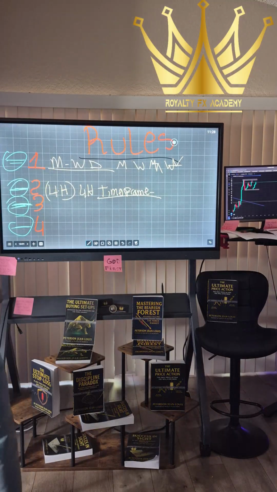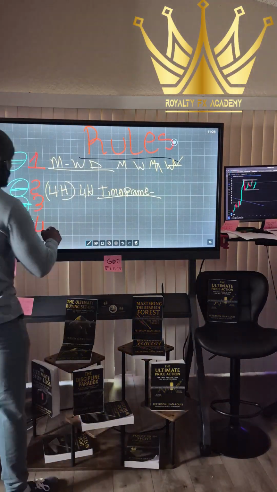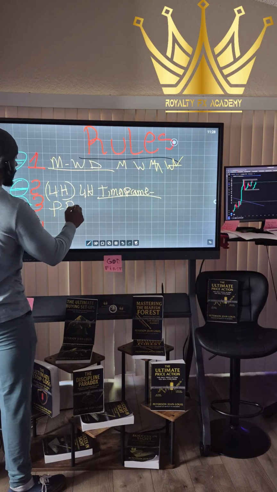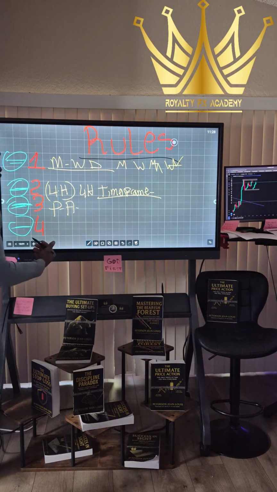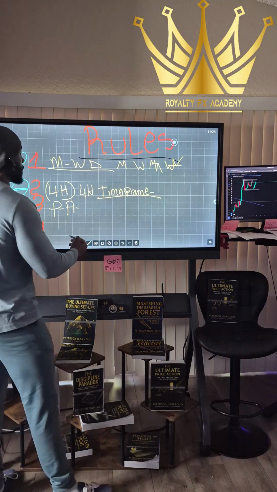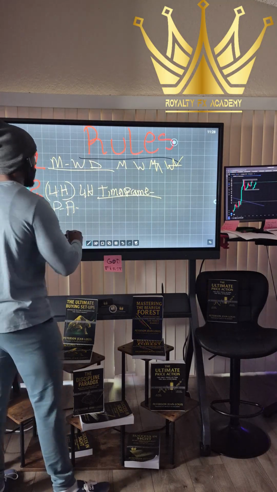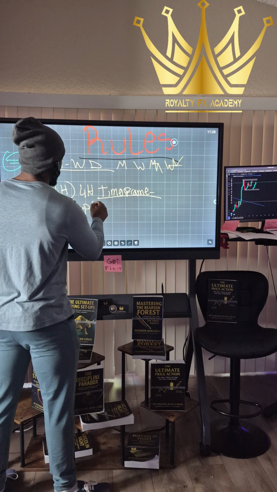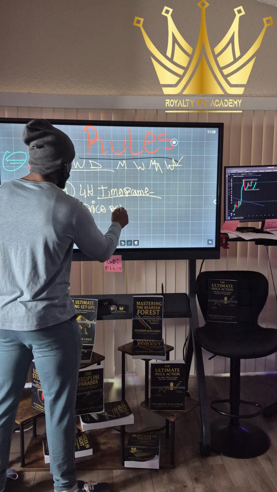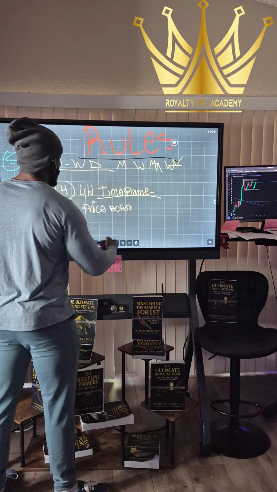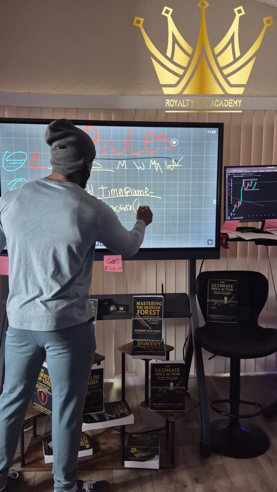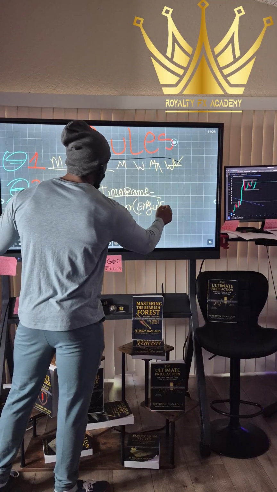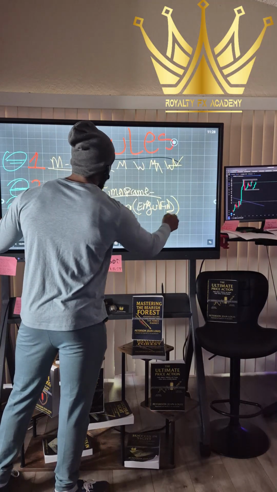Rule number three is PA, short for price action, and the price action that we trade is the engulfing bar. Let me throw that in there also. Again, we trade the engulfing bar, either bullish or bearish.